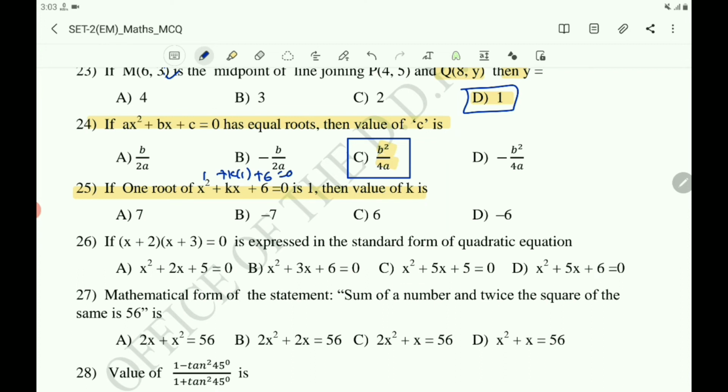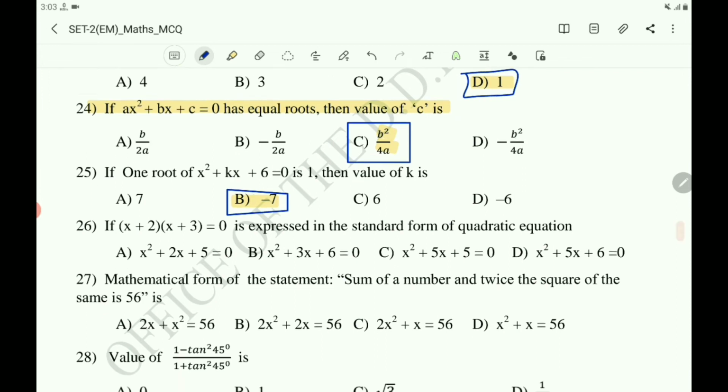So you got k plus 6 is 7 equals 0. Then k equals minus 7. So option B is the answer.